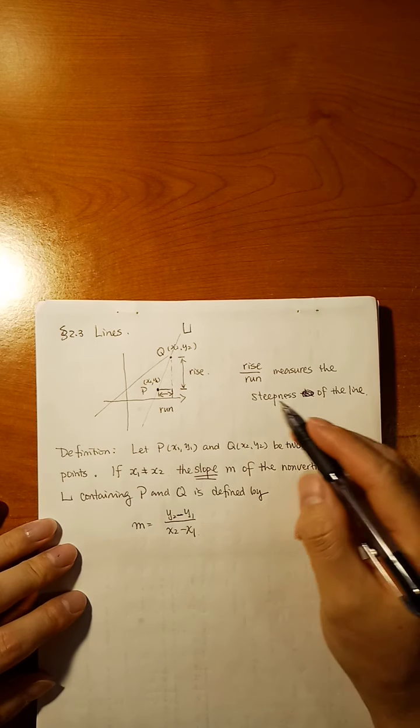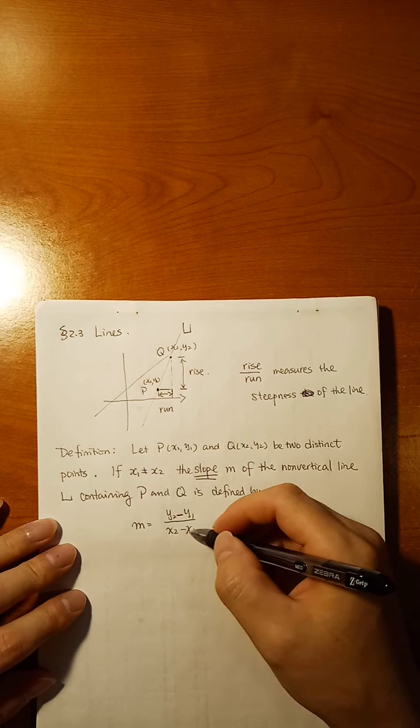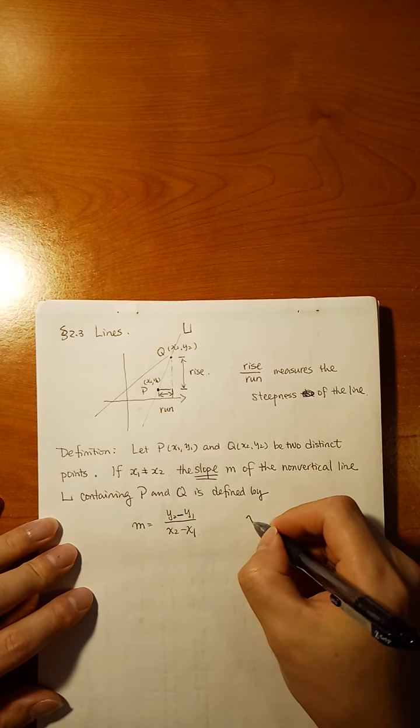It's actually exactly the rise over run. Here, of course, we require the denominator is not 0, x1 is not equal to x2.